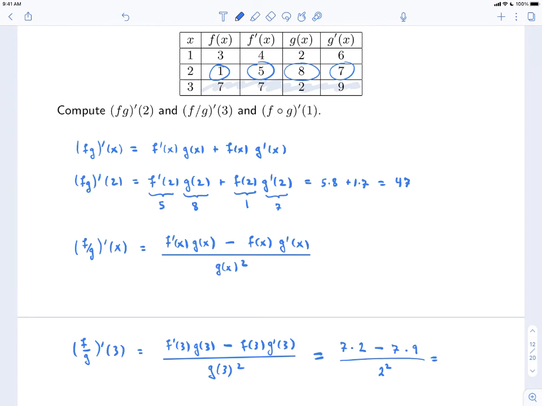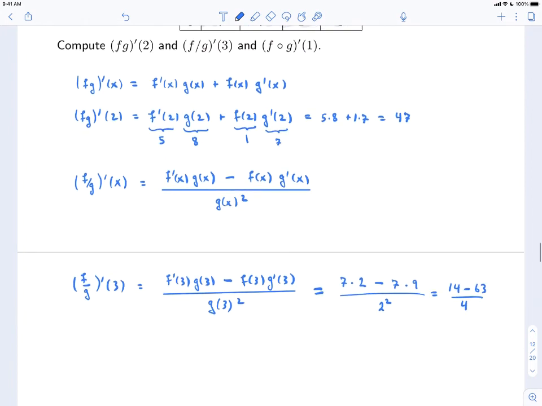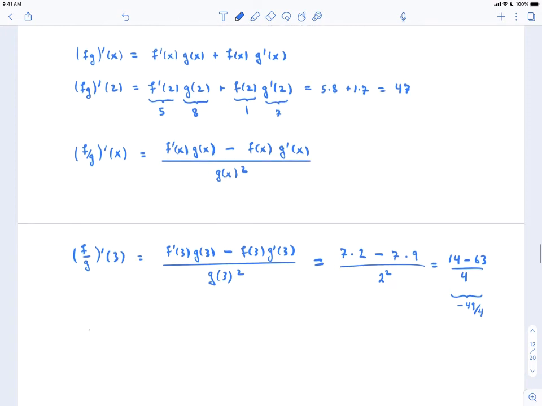So this is going to give us 14 minus 63 divided by 4, which is equal to minus 49 over 4. So that's our answer. So f over g, the quotient prime at 3, is equal to minus 49 over 4.